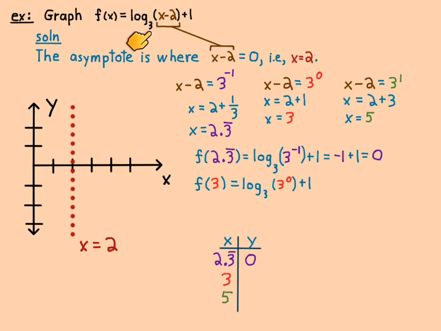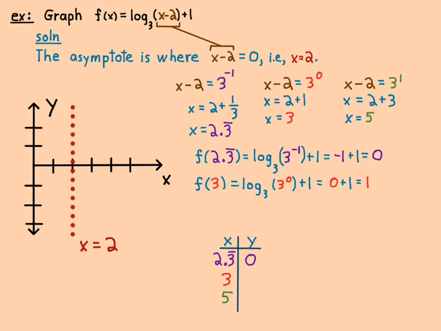Write that as a power of 3. 1 is 3 to the 0 power. That's what that 3 to the 0 is. Then plus 1. This is 0 because the log base 3 and the exponential base 3 cancel and you just get 0. So you get 0 plus 1, which is 1.